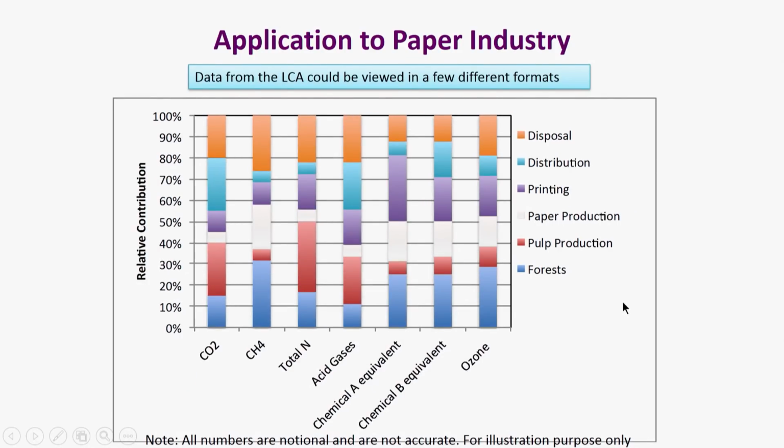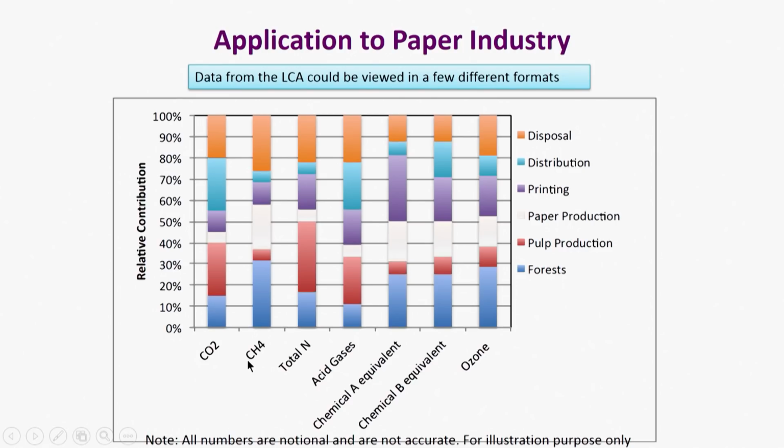The other type of interpretation or data view is looking at the parameters themselves and which of these processes releases more of these parameters. This is sometimes a useful analysis to do, because if you identify that CO2 is coming from a particular process and you do not want it, you can focus on modifying that process alone to reduce the CO2.